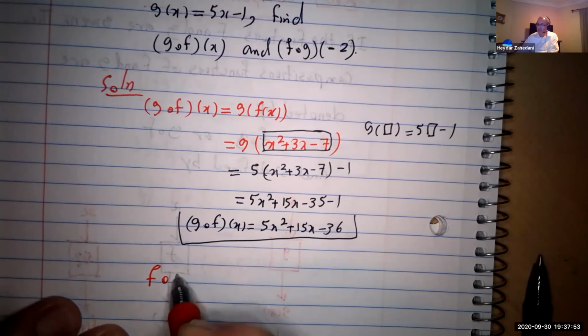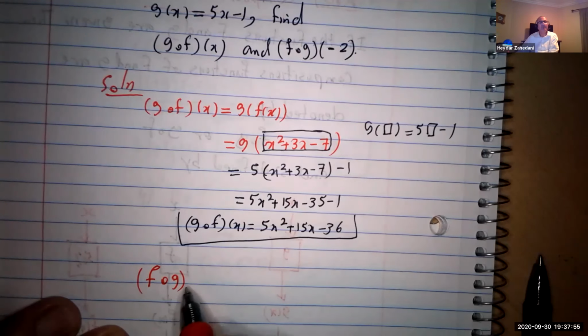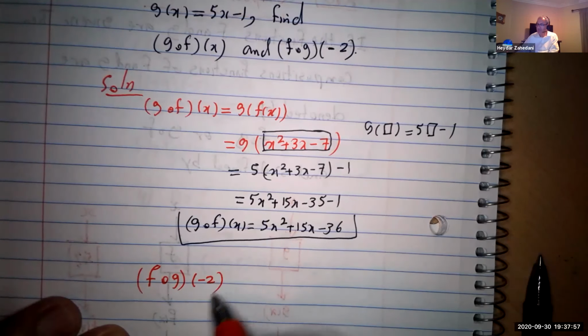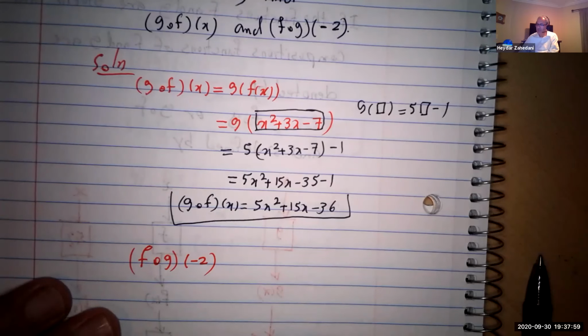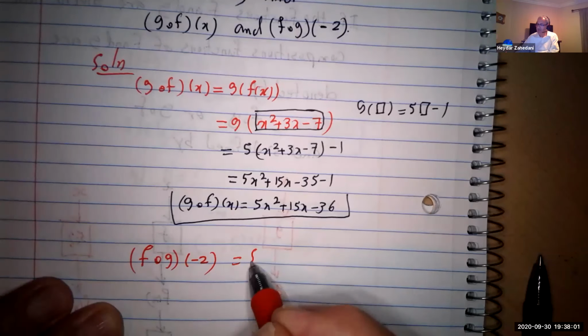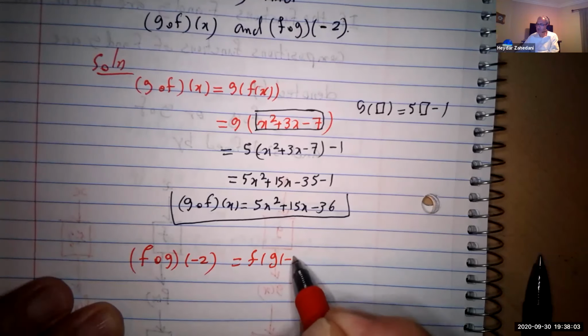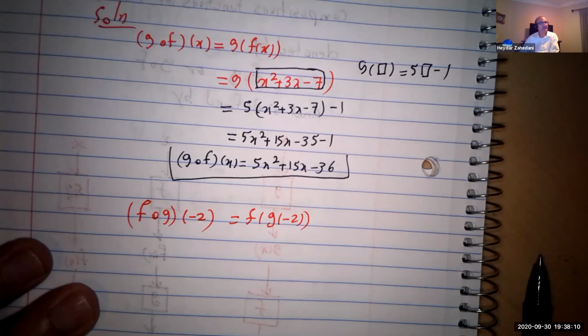So you want to know what f of g of negative 2 is going to be. The formula: g first, then f. That's step 1. Step 2, what is g of negative 2? Go and find it.